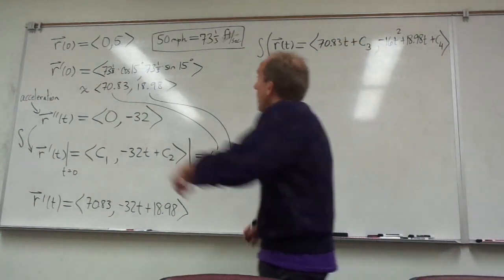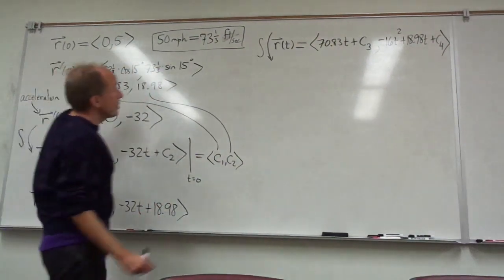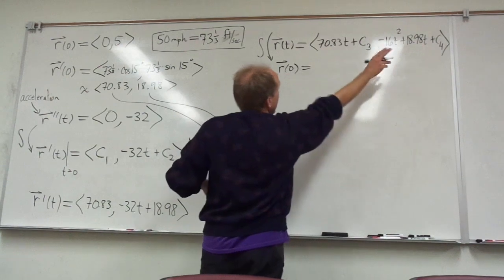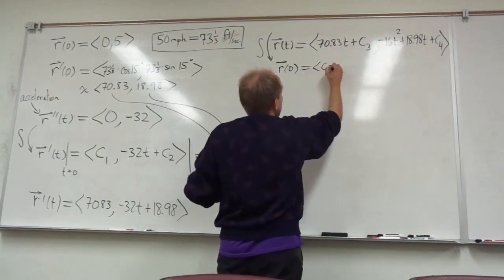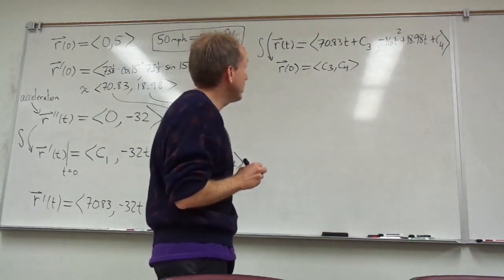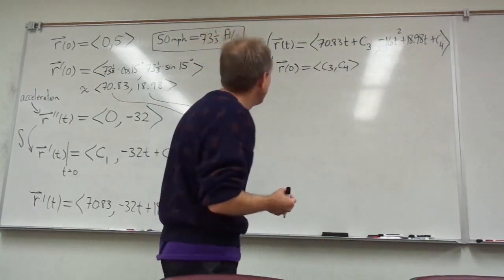Again, I know what r of 0 is, so if I evaluate r of 0 in this expression, I just get c3 and c4. Everything else cancels when you plug 0 in for t.